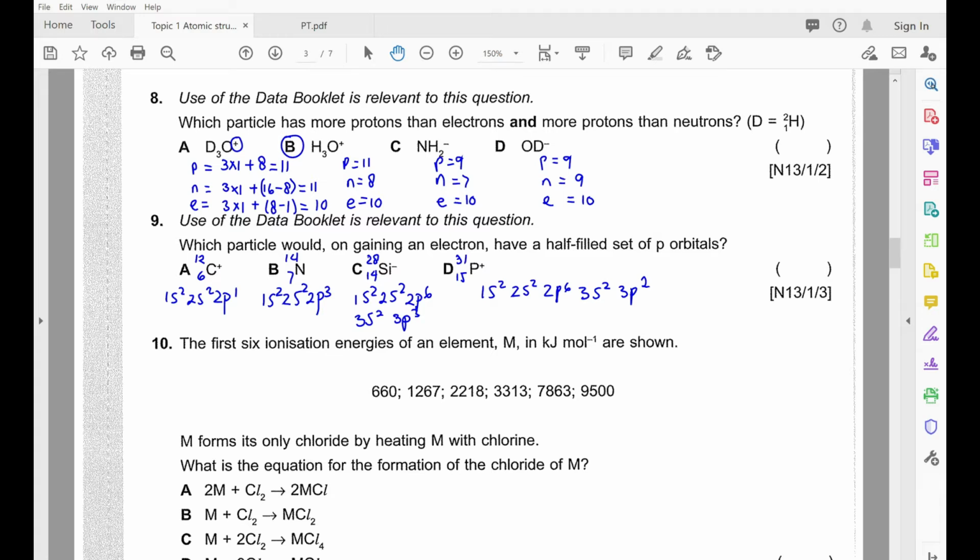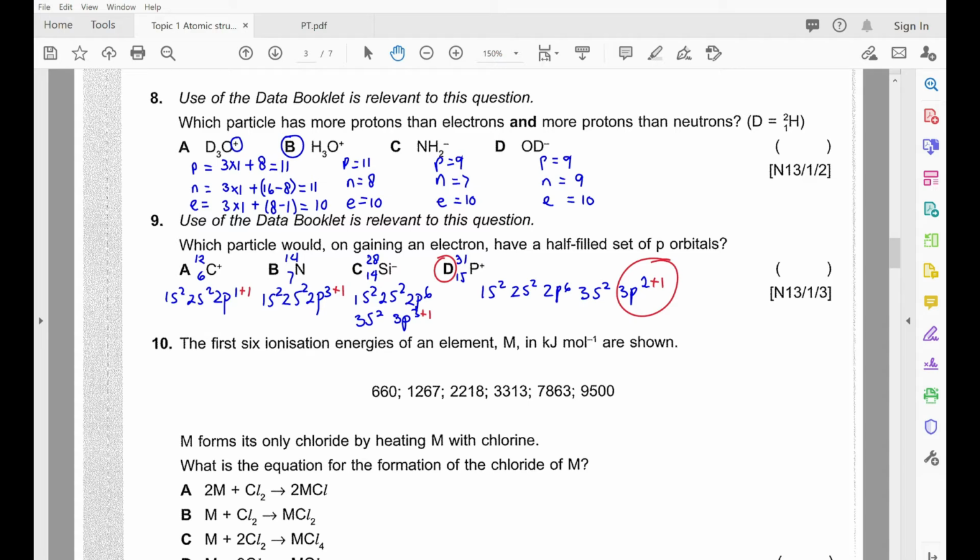Now when the carbon ion here gains 1 electron, the p will not be half filled. When nitrogen gains 1 electron, it will also not be half filled, neither will the ion of silicon, but the ion of phosphorus here, P plus, will become half full. Right, so answer is D.